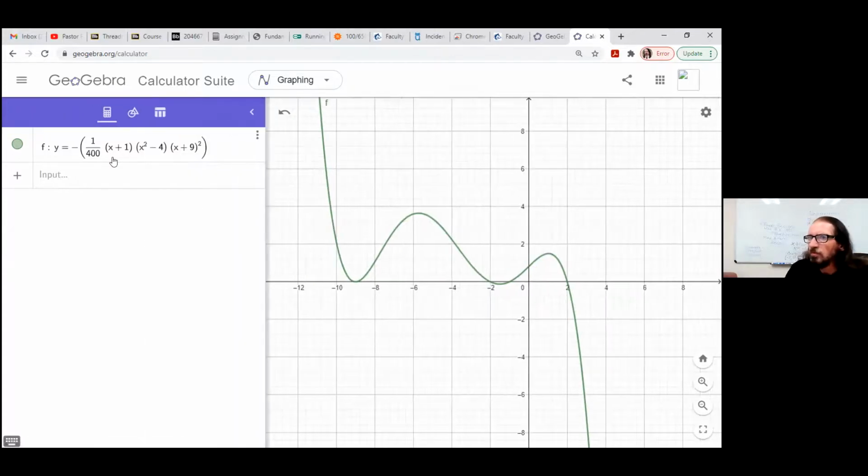If we had multiplied this out, this last factor, we'd have x squared times x squared is x to the 4th times an x to the 1st is x to the 5th. So we would have at most 5 minus 1 or 4 turning points. In this case, we do get the maximum number of turning points, 1, 2, 3, and 4 of them.